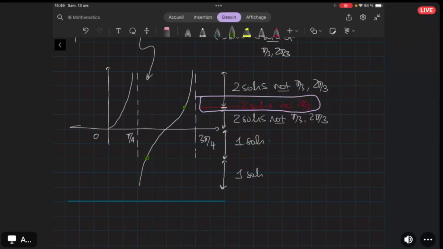But at this point right here, you have 1 solution that is pi over 3. So we are also not interested in this area, but we're interested in the one above and the one just below. This question is borderline HL. I don't think I would give this question on SL, but you can solve this using SL content.